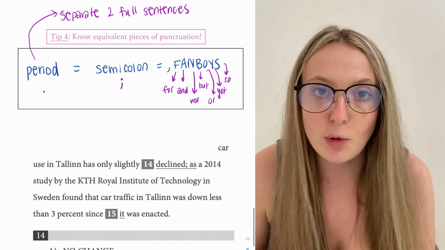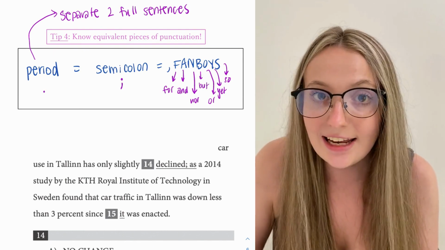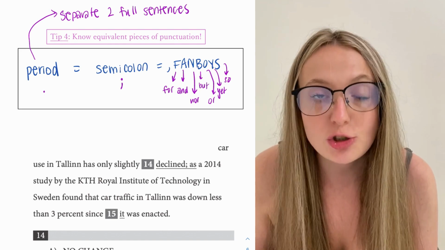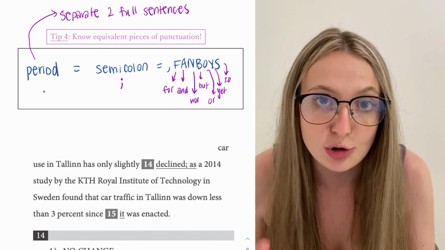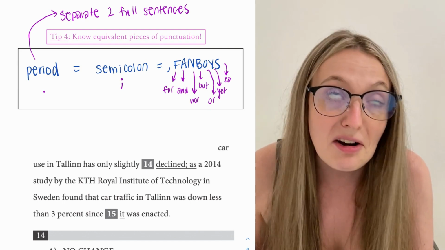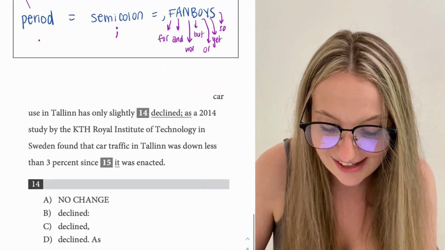So when we look at choices, if we can see that two choices have identical wording and any of these three equivalent pieces of punctuation, we should automatically be able to remove them because those two answer choices are identical. And obviously, and I guess unfortunately, there cannot be two correct answers on this test.